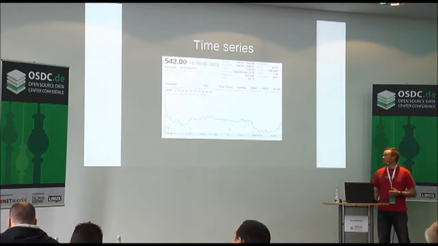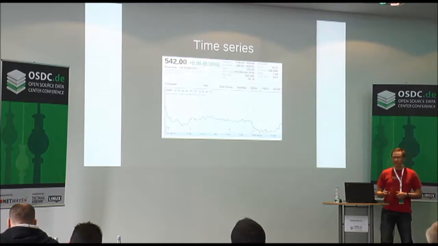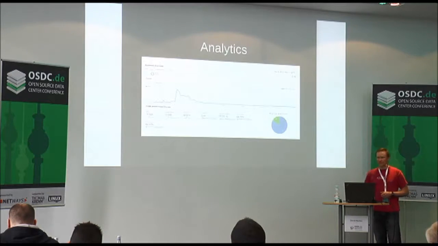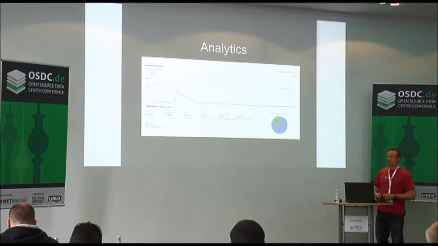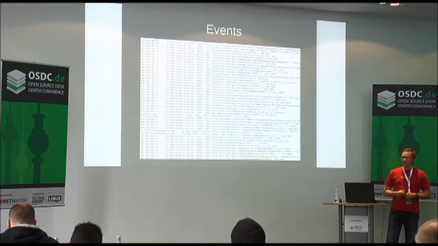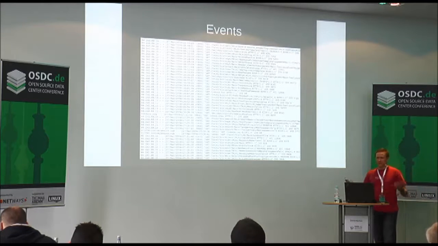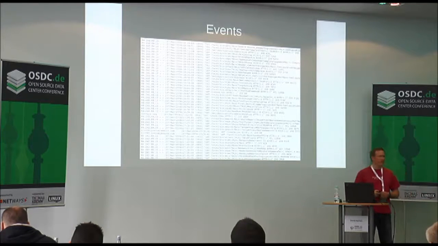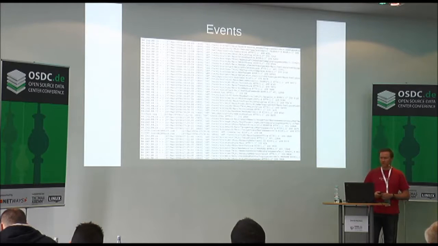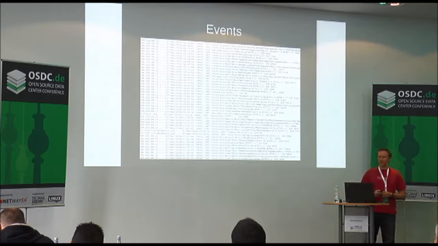Another is stock prices over time, stuff that the financial world would be interested in. Then user analytics and real-time business intelligence. Event data, like this Apache log. You could break this up into a lot of individual time series if you wanted, like the number of 200s per minute or errors per minute or anything like that.